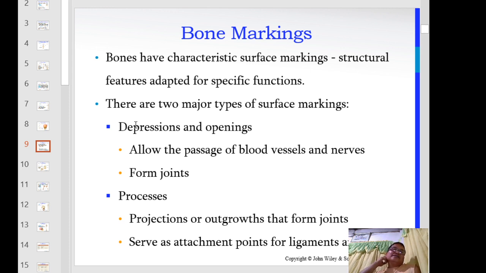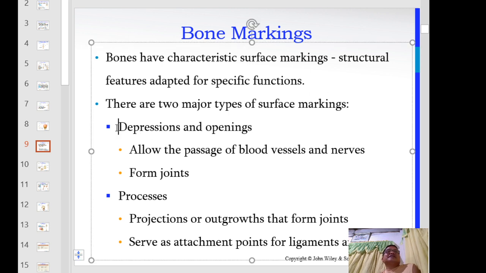Now, bones have specific surface markings. There are two major types: depressions and openings, and processes. Openings are holes, which usually allow passageway of blood vessels, nerves, and other important structures.